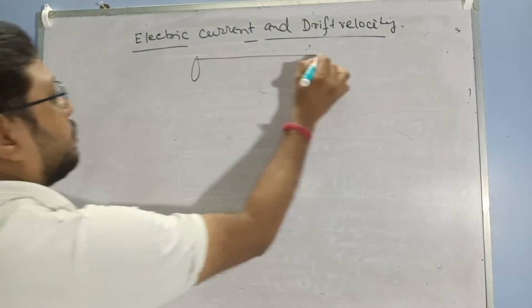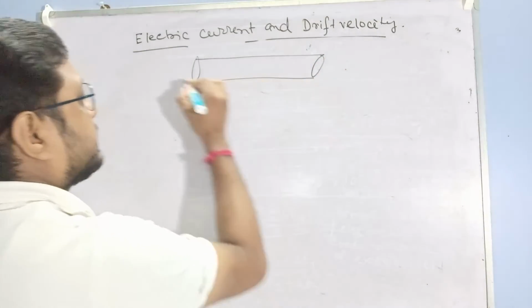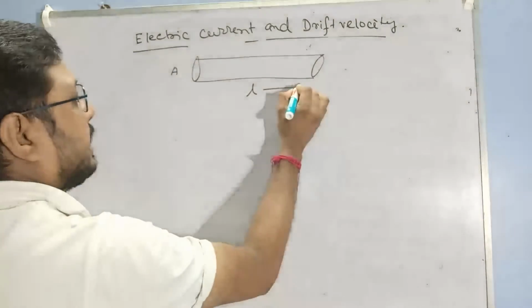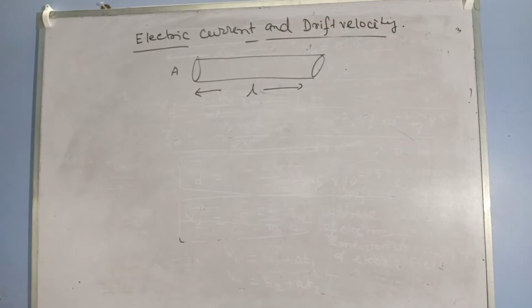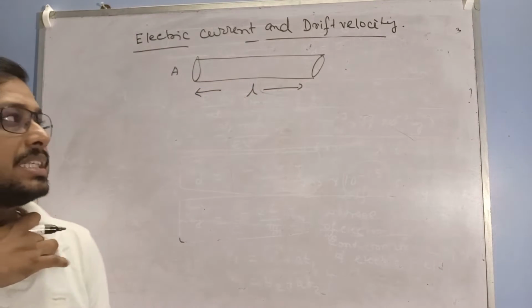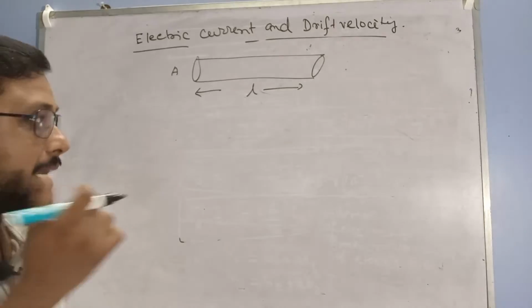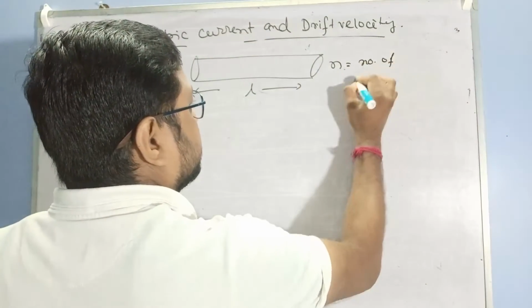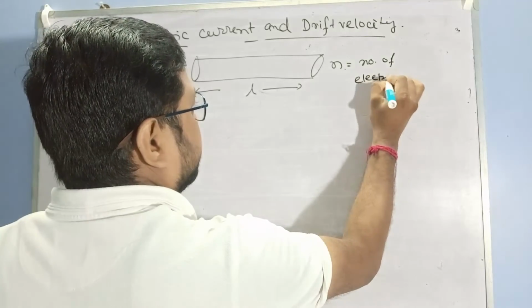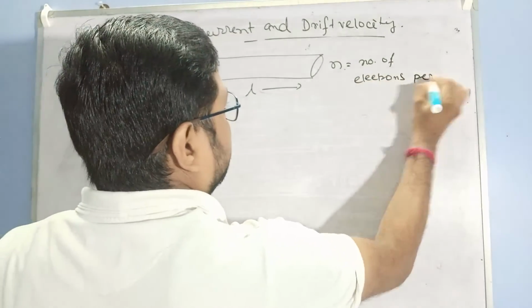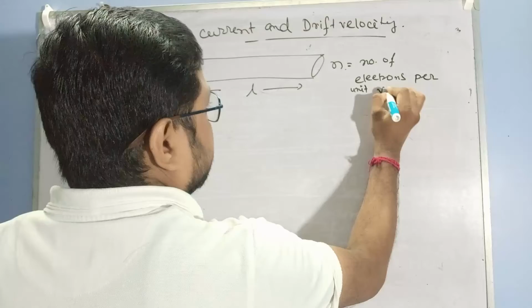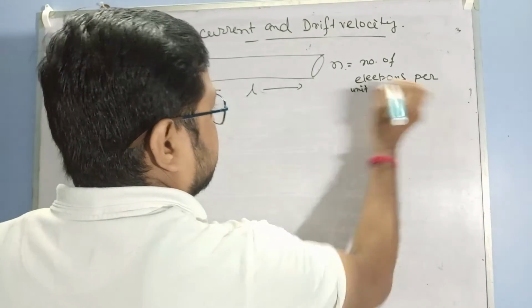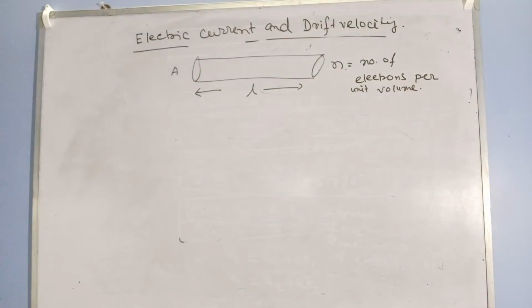Again, let us consider a conductor of uniform cross-sectional area A and length L, and let n be the number of electrons per unit volume, that is, the number density of electrons.